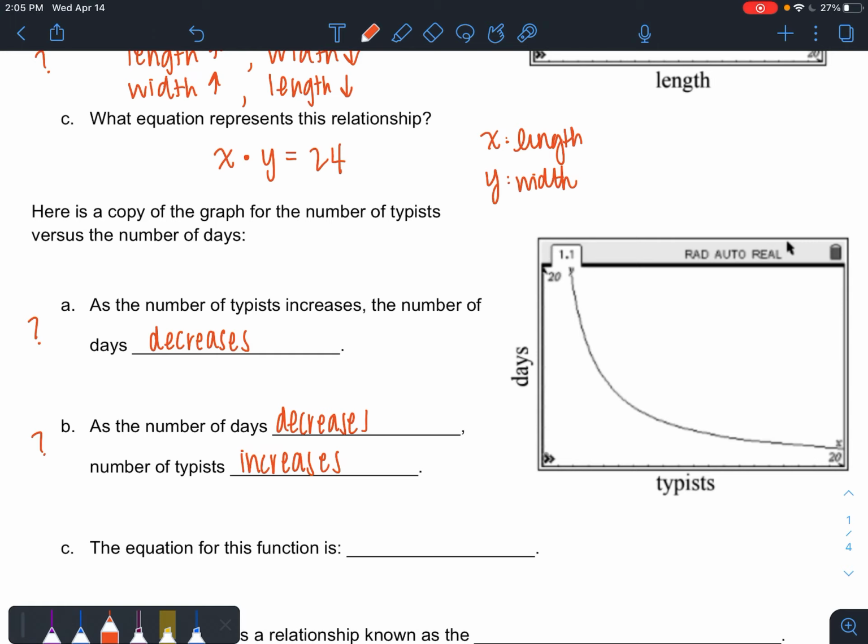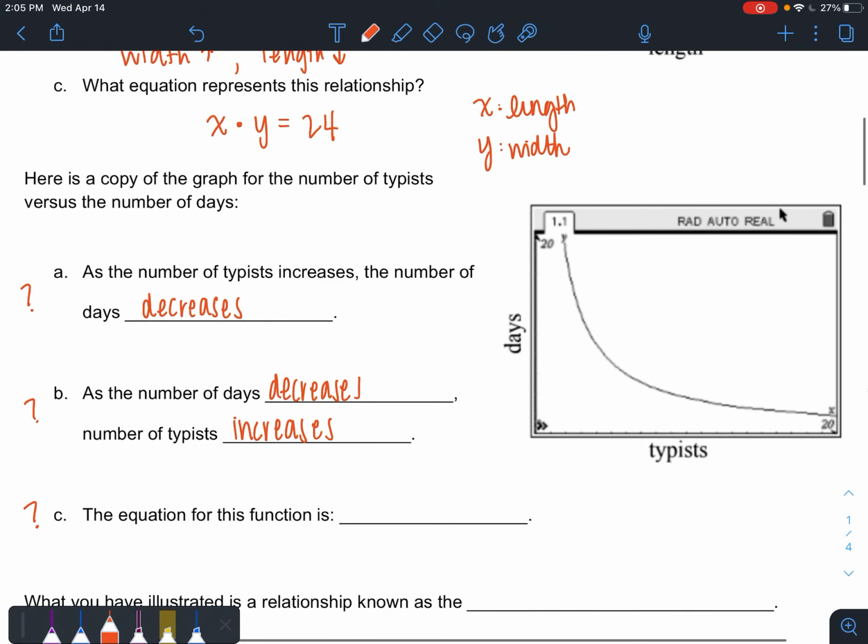Then talk about the equation for the function on your own. What did we have? I believe it was x times y equals 36.